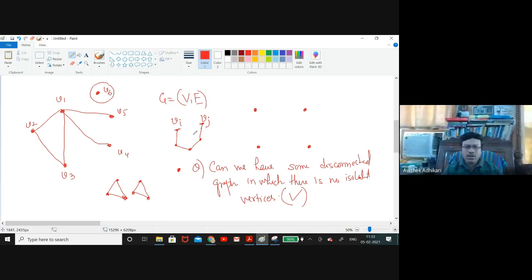So now the question is, we may have various graphs, for example, this graph along with this and maybe this. Suppose this is the whole of my graph.